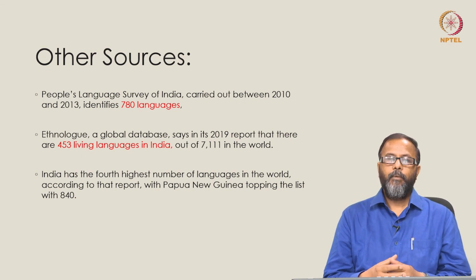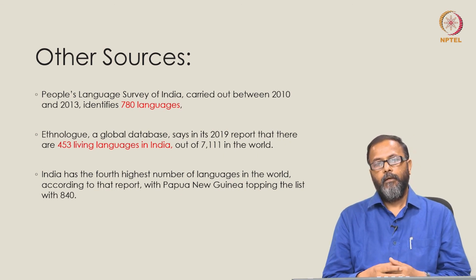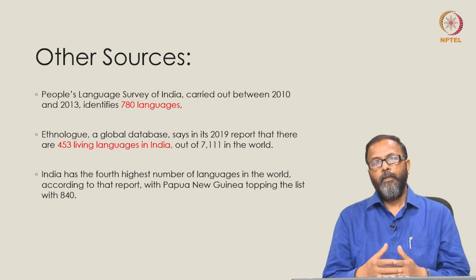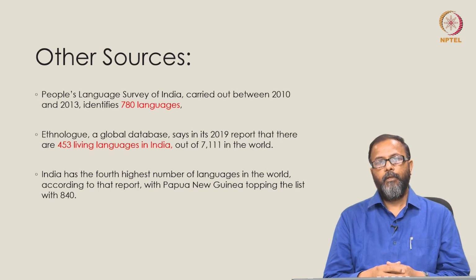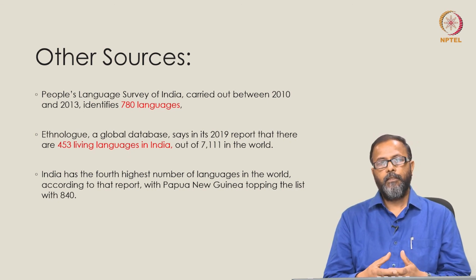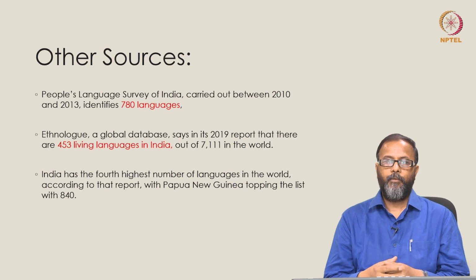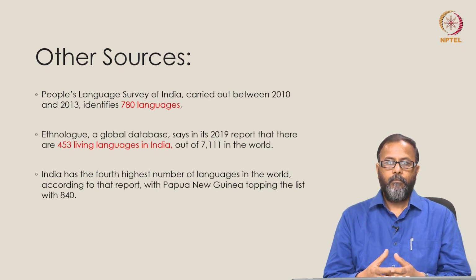Similarly, the People's Linguistic Survey of India arrives at 780 languages. The Ethnologue database arrives at 453 living languages. The 1921 pre-independence census says 180 languages and 44 dialects. G.A. Grierson's Linguistic Survey of India, done over a period of 20 years with 12 volumes produced, claims some other number.